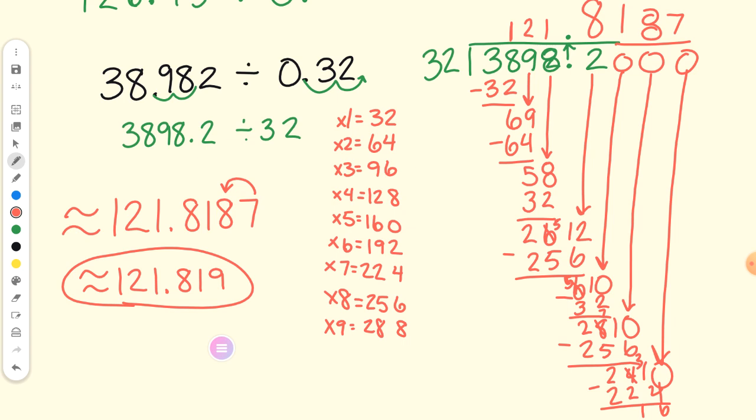In 5th grade, if they give you an ugly one like that, they will tell you round to the 10th place, round to the 100th place. But a general rule, if it doesn't tell you what place, if it's an ugly one, you go out 4 places and then round to the 1000th place. Remember, anytime you're rounding, you have to go out 1 extra place. So if you're rounding to the 10ths, you have to go out 2 places. If you're rounding to the 100ths, you have to go out 3.